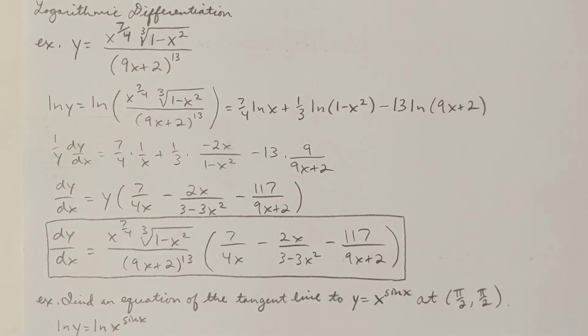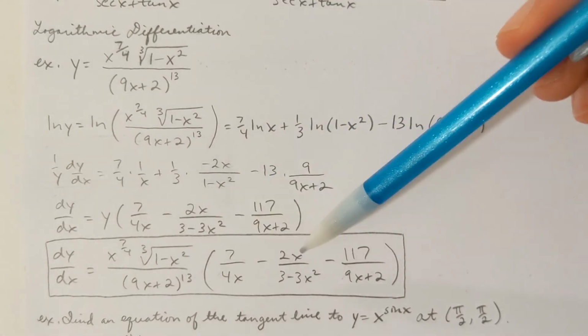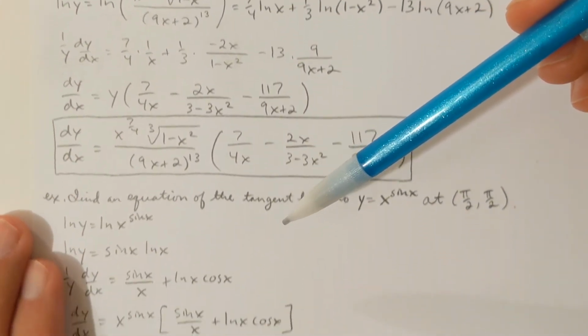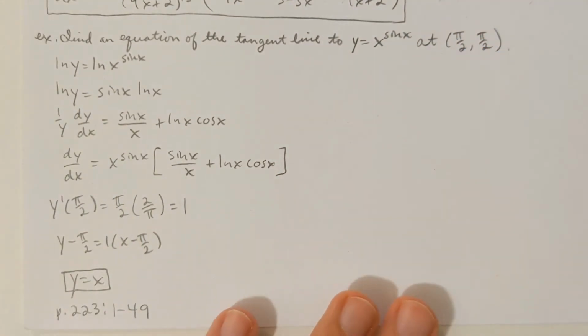It's very easy to make a mistake on something like that. So when we have the option to use logarithmic differentiation, that's an option. Now sometimes it's our only option. Here's an example of what I mean by that.